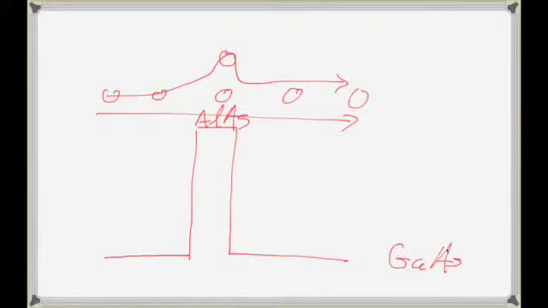And so this is the gamma valley for the conduction band of gallium arsenide. And in aluminum arsenide, the gamma valley sits up here, but the X valley sits down here. So it's actually an indirect gap material.